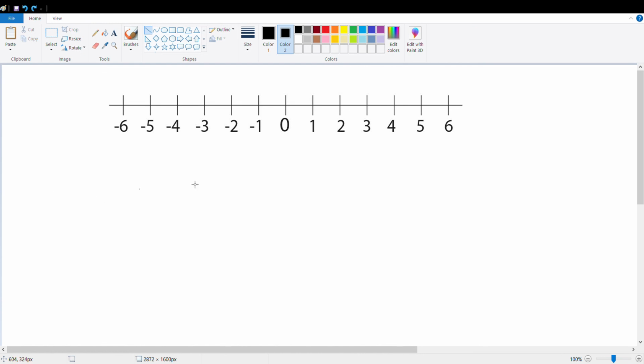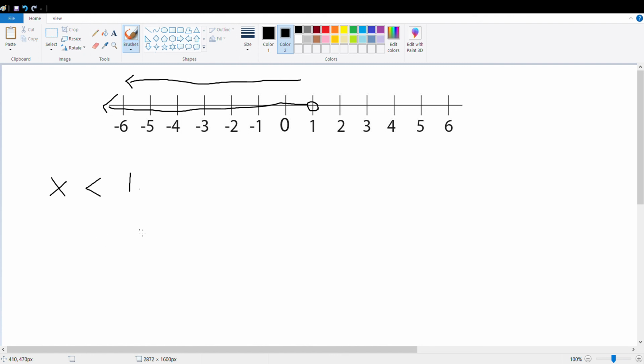So just one final point before we go ahead and end this video. If we have an equation that is less than 1, all of the possible answers are all the numbers to the left of 1, but it could not be 1 itself because it's not less than or equal to 1. So we would draw a circle around 1 and do all of the numbers to the left.